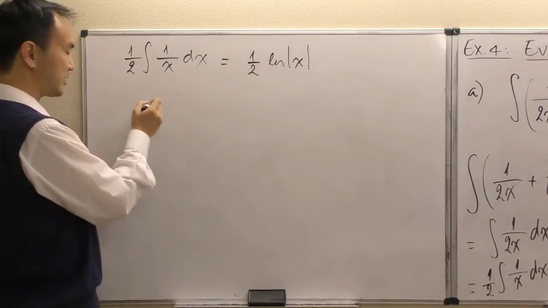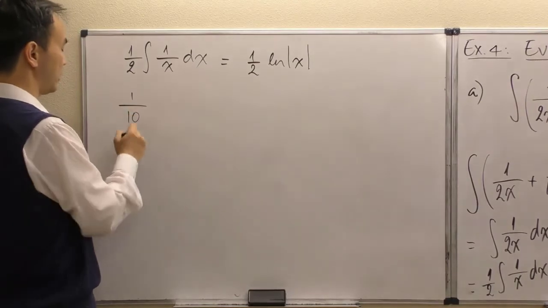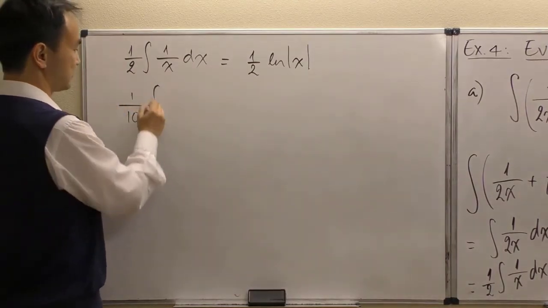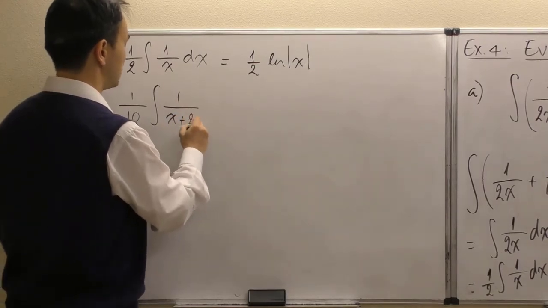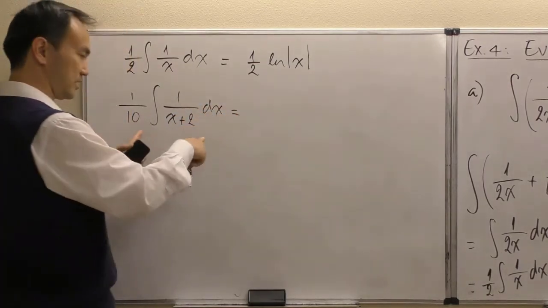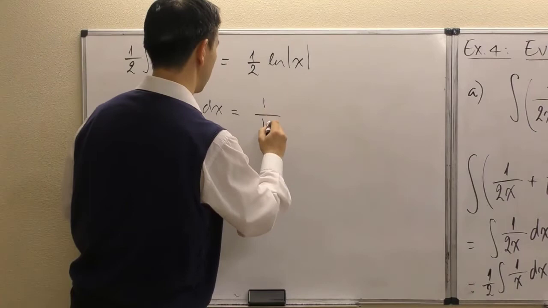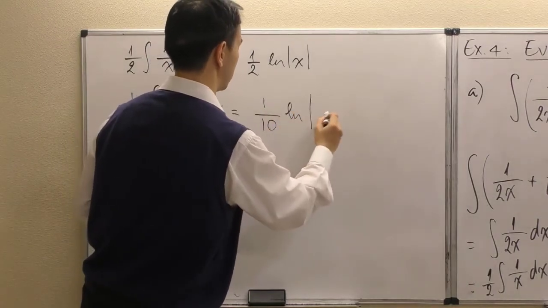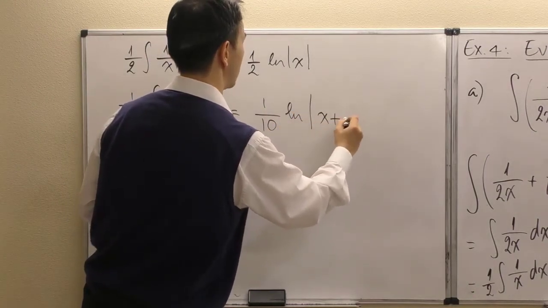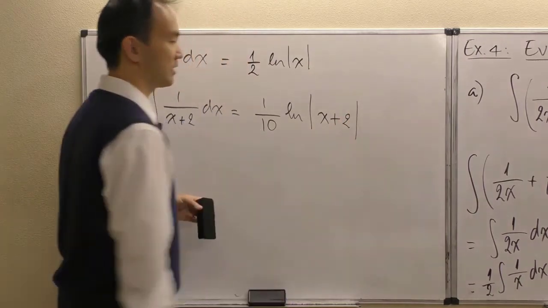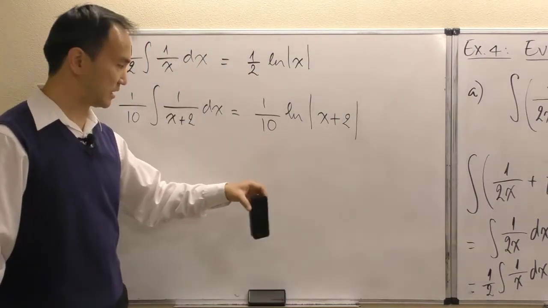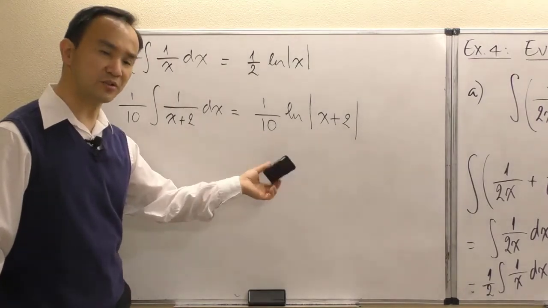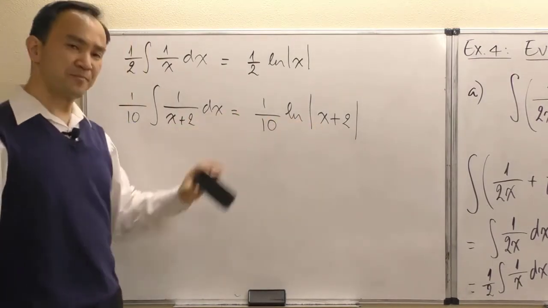For the last term, it's also an easy one. 1 over 10, just on that separate term right there, 1 over x plus 2 dx, we can quickly see that this becomes a 1/10 natural log of x plus 2 in absolute value, and we can refer to my video lesson on the substitution method to see how I can quickly see this.